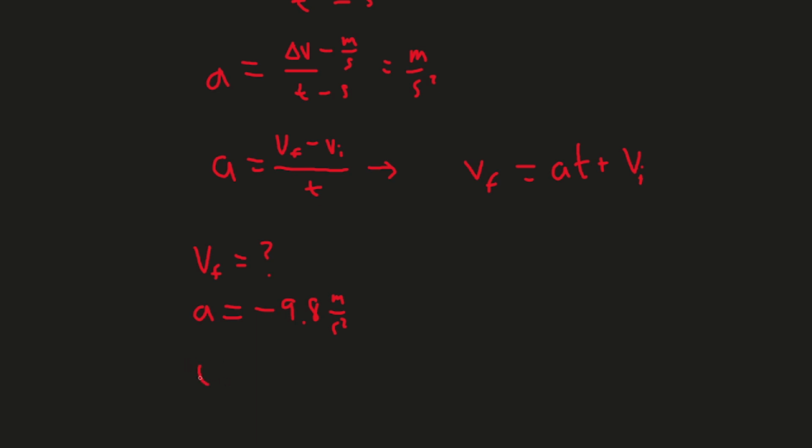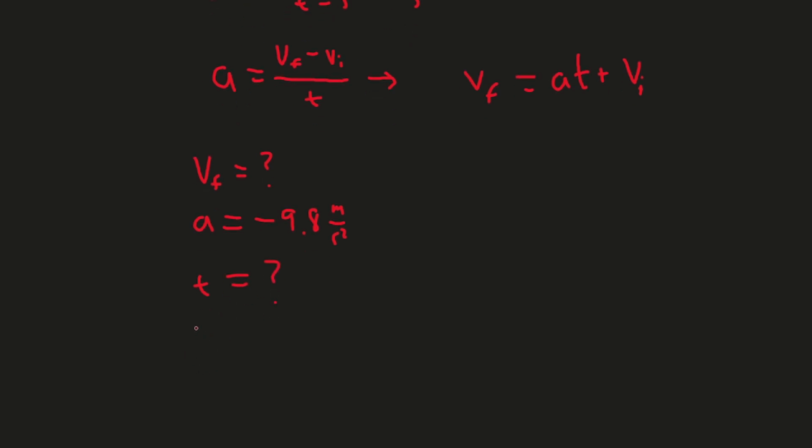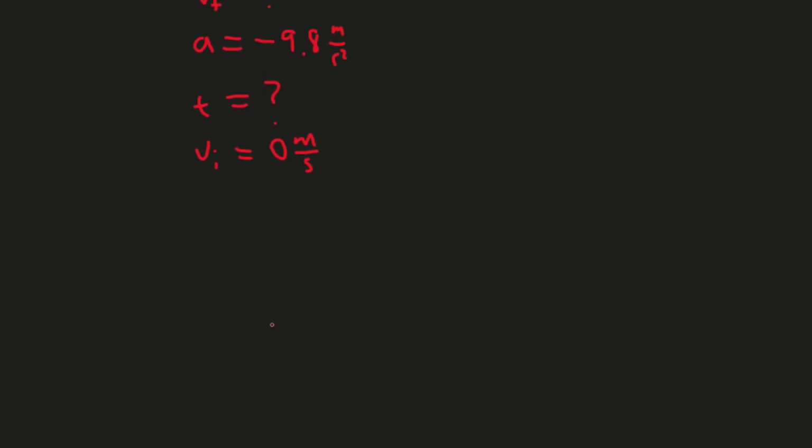Then we have time. We actually don't have time, so that's also something we need to find out. And velocity initial: we know that the ball was not moving at all in the vertical direction, so this is 0 meters per second.